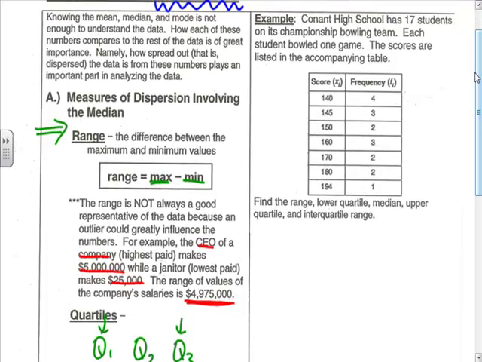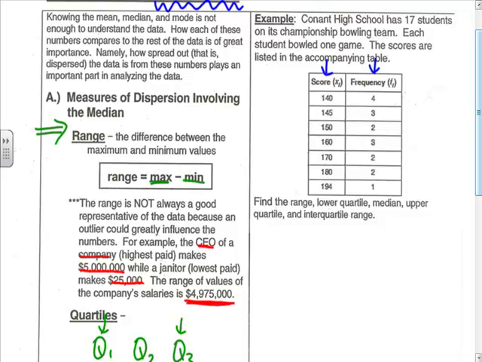So Conant High School has 17 students on the championship bowling team. Each student bowled one game. Here are the scores in the accompanying table. So once again, rather than writing 144 times, 145 3 times, we have the scores in one table and the frequencies in the other to make it easier on us.